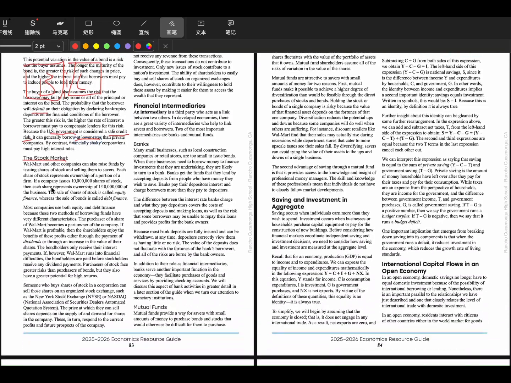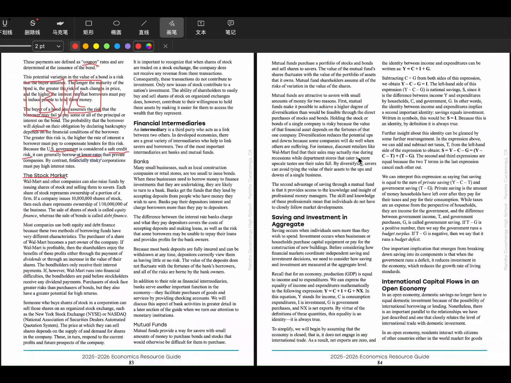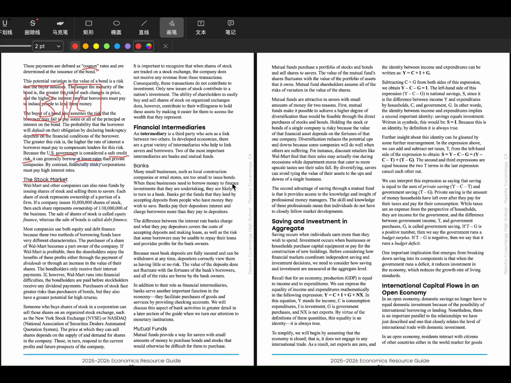The next part is the stock market. Now, differing from the bond, the stock market is not them borrowing money from you. You are actually buying part of the company. Let's say you buy one share of Walmart stock. Let's say this is how many shares of Walmart stock there are in total. This will be the amount of the company that you actually own. So you own part of the company.